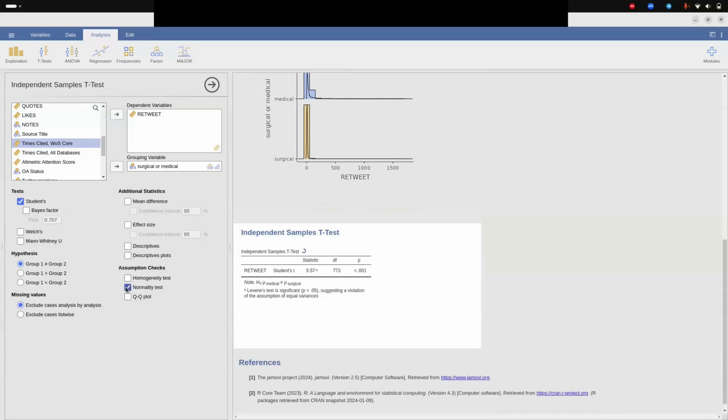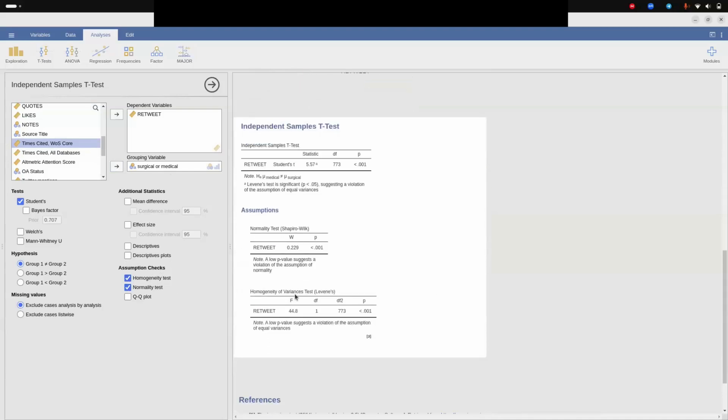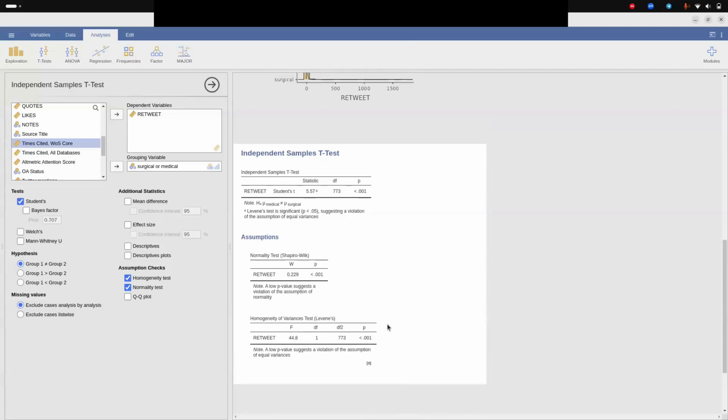Particularly, you can do a normality test, which is what we did last time, straight from here, very handy. You can also do a homogeneity test, which is a test that checks if the variance between the two populations that you're studying is similar or not. And as you can see, it definitely isn't. So we have seen how easy it is to actually run a t-test.